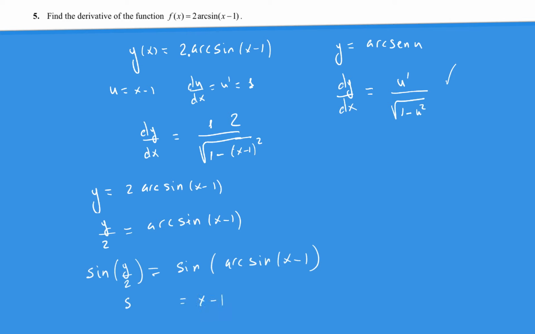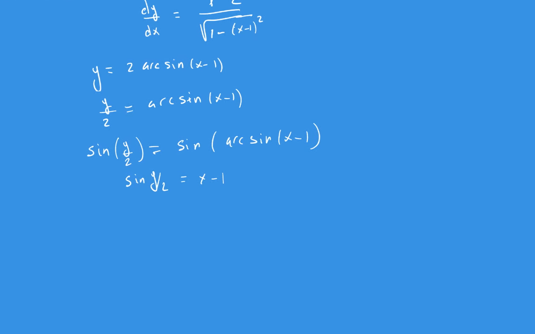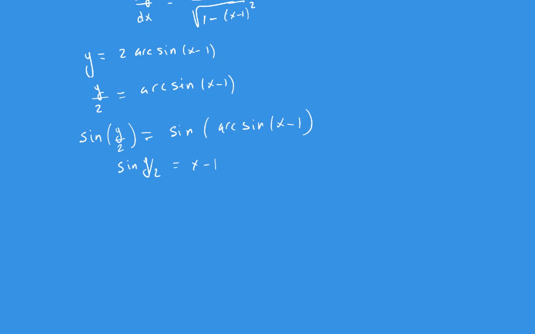So I have that the sine of y divided by 2 is x minus 1. Now what will I do? Same technique. I will take the derivative with respect to x on both sides of the equation.